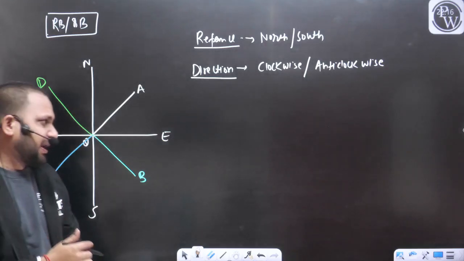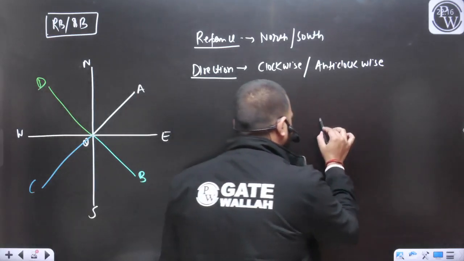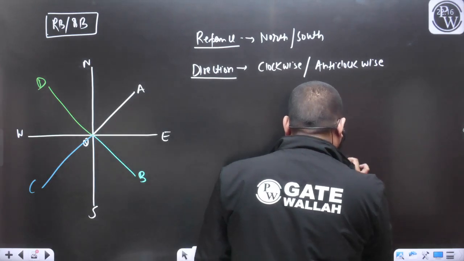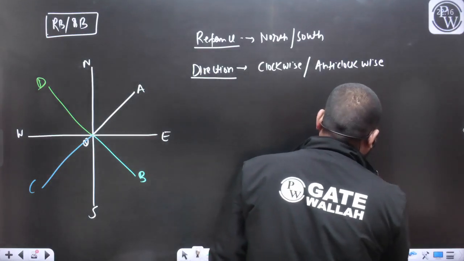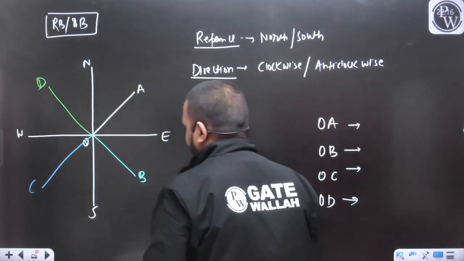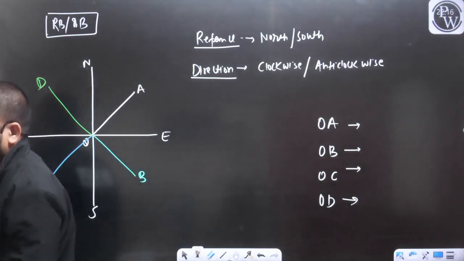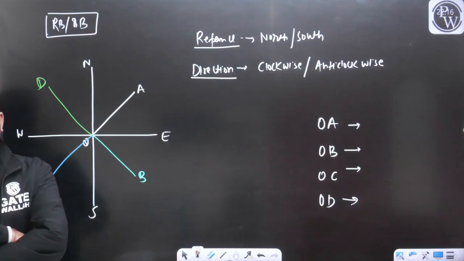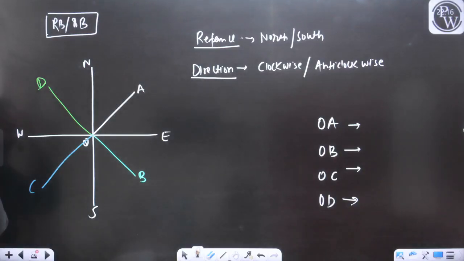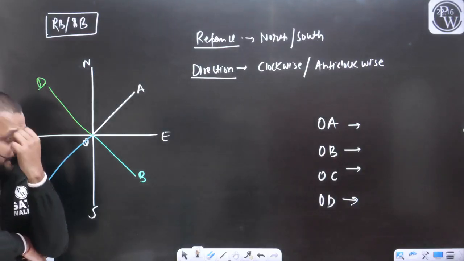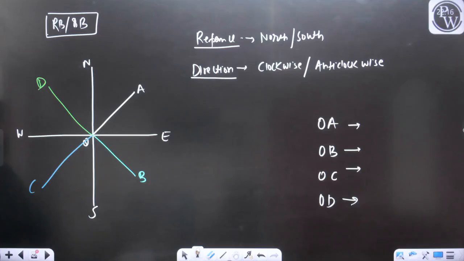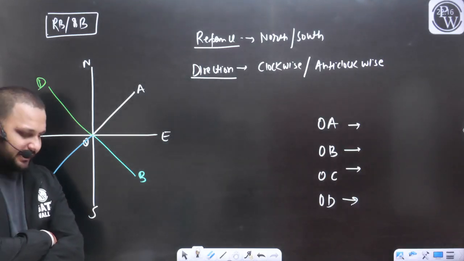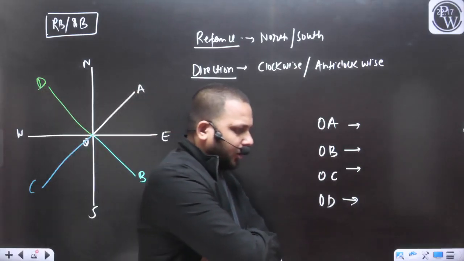So for example, if I want to represent the bearing of the line OA, OB, OC, OD in the RB or QB system, let's talk about the line OA.